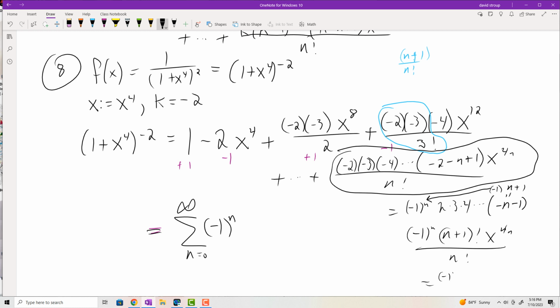That's going to be negative 1 to the n times n plus 1 times x to the 4n. Why is that? Because n plus 1 factorial, of course, is n plus 1 times n factorial.